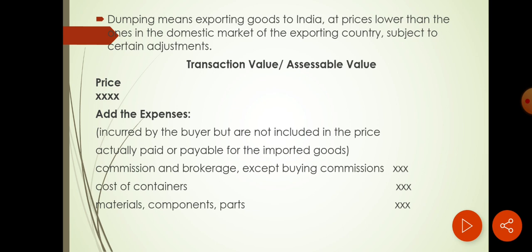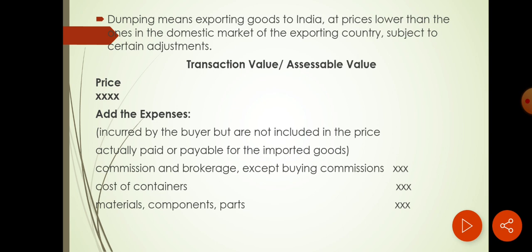That is the amount you take as the base, and to it you add expenses. Expenses here means the expenses incurred by the buyer but not included in the price, and actually paid or payable for the imported goods.